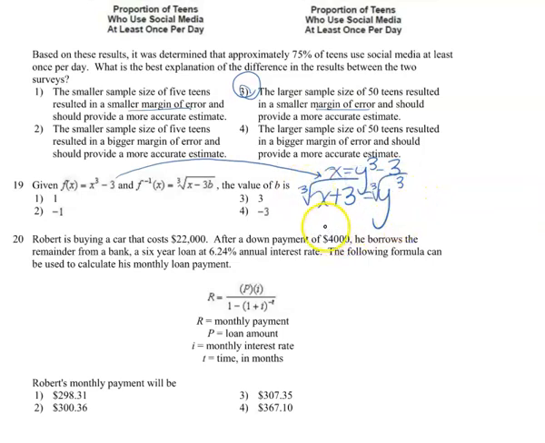At this point, I can see that the inverse is equal to the cube root of x plus 3. Now, remember, they told you the inverse is equal to that, so I'm going to do a little substitution.